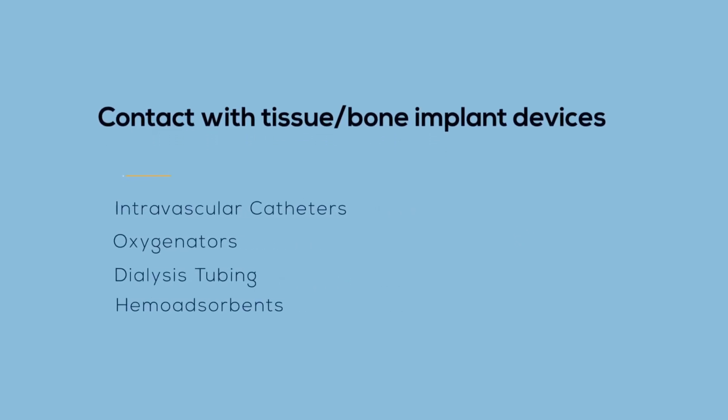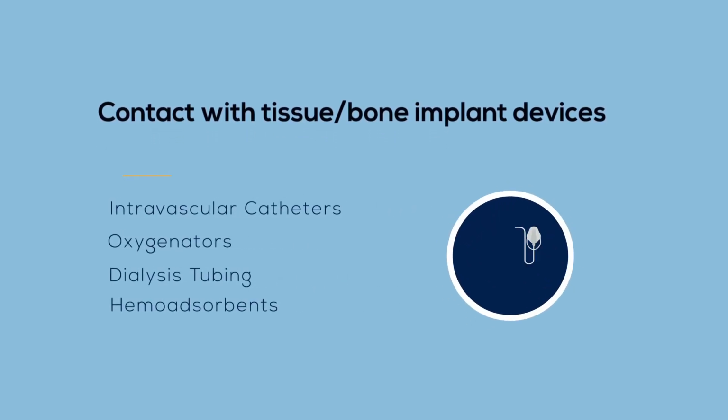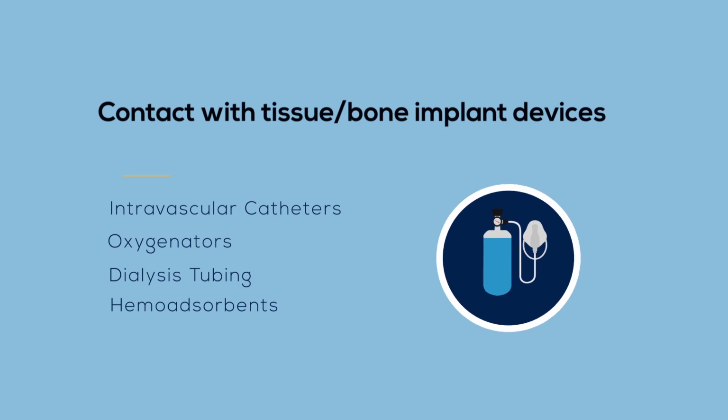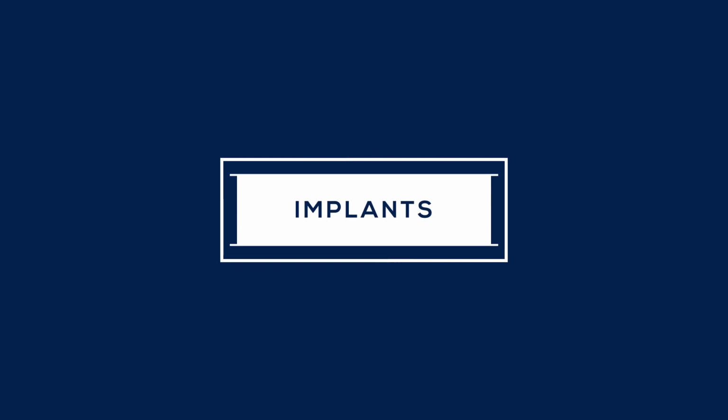Externally communicating device materials, which are in direct contact with circulating blood, such as catheters and dialysis tubing, are also the most tightly controlled. These devices have specific toxicity and hemocompatibility requirements for human use. The final device material category, which is subject to the strictest material requirements, is implants.